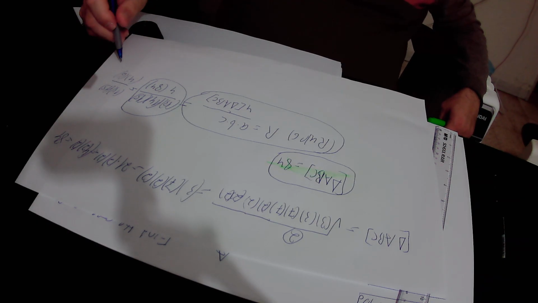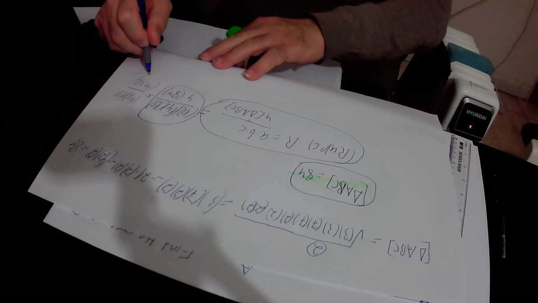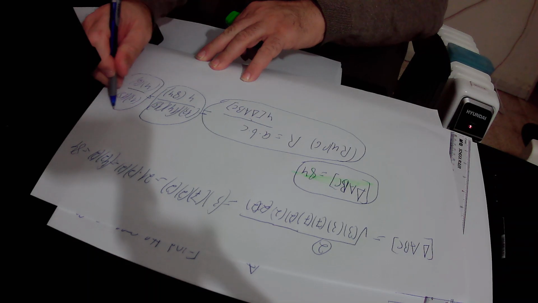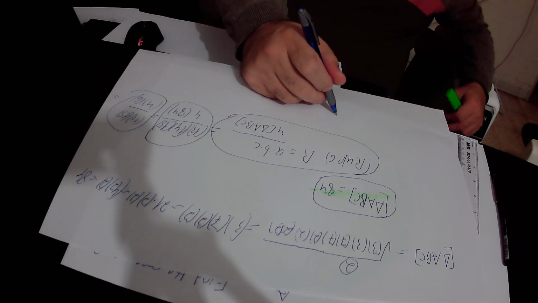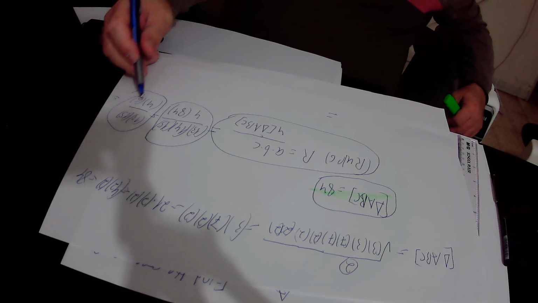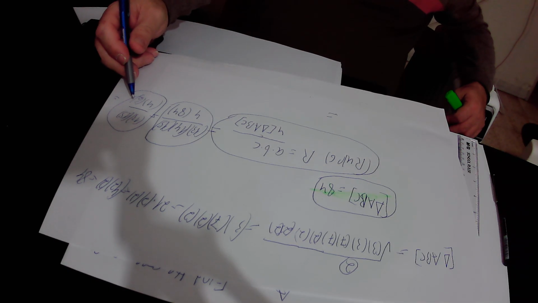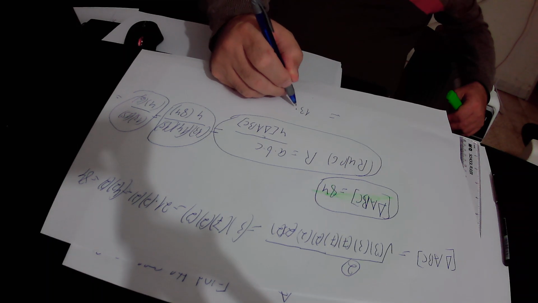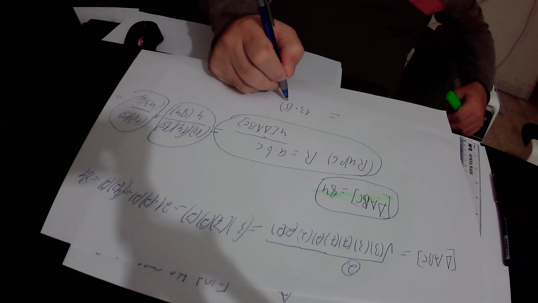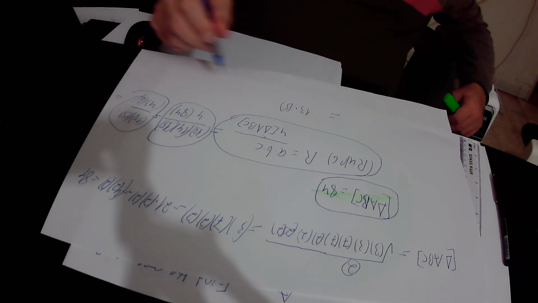In the next step, we will divide both the numerator and the denominator by 3. In the numerator, 13 times 15 over 3 is 13 times 5.